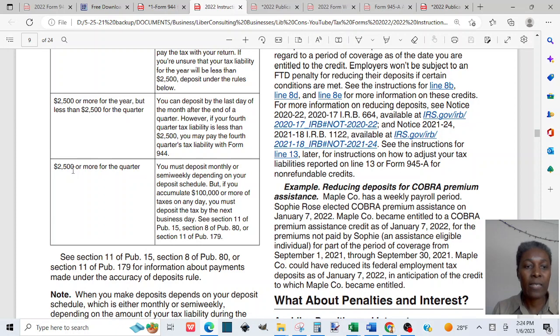If your tax liability is 2,500 or more for the quarter, you must deposit monthly or semi-weekly depending on the deposit schedule. But if you accumulate $100,000 or more in taxes on any day, you must deposit the tax by the next business day. They talk about that there as well, so you have that table you can reference.